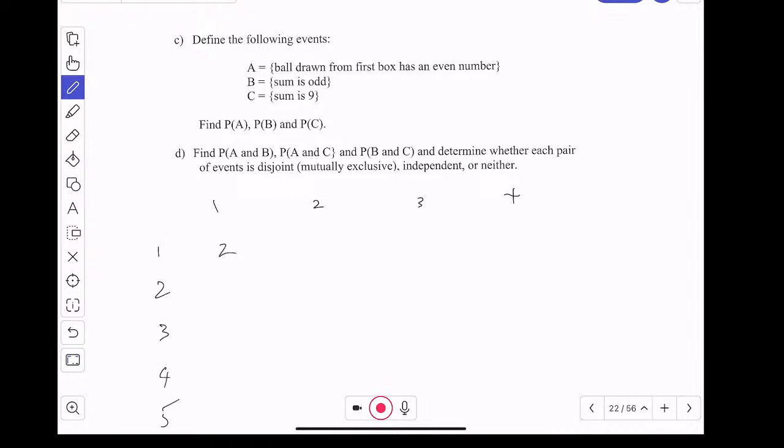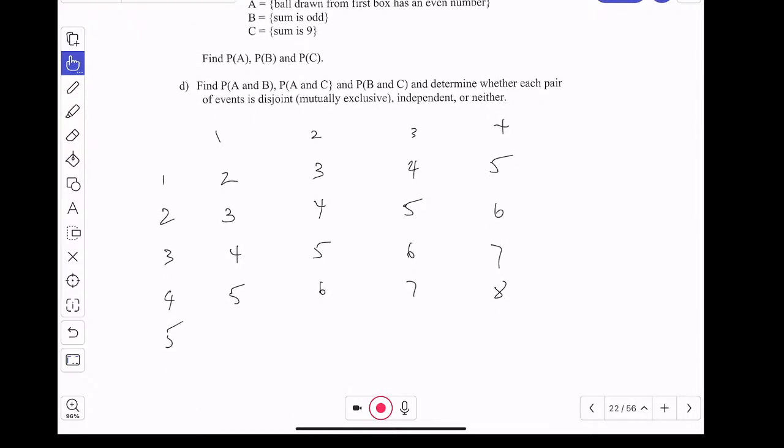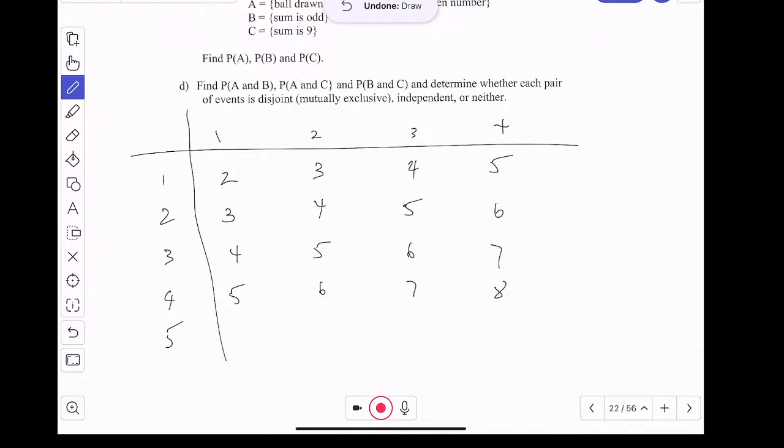So this is 2, 3, 4, 5, then 3, 4, 5, 6, then 4, 5, 6, 7, then 5, 6, 7, 8, and 6, 7, 8, 9.